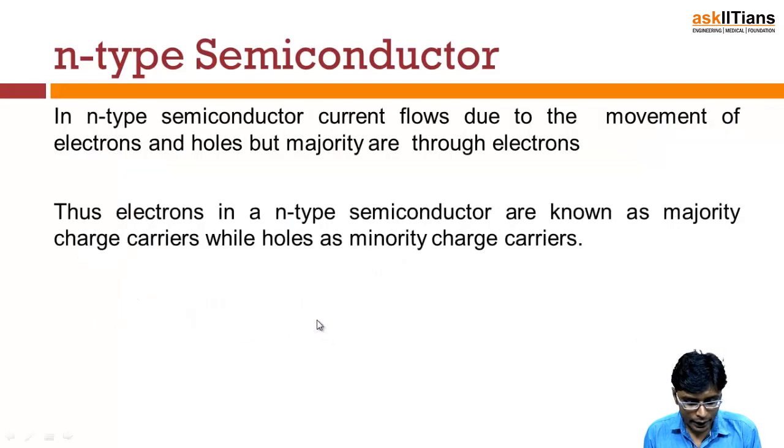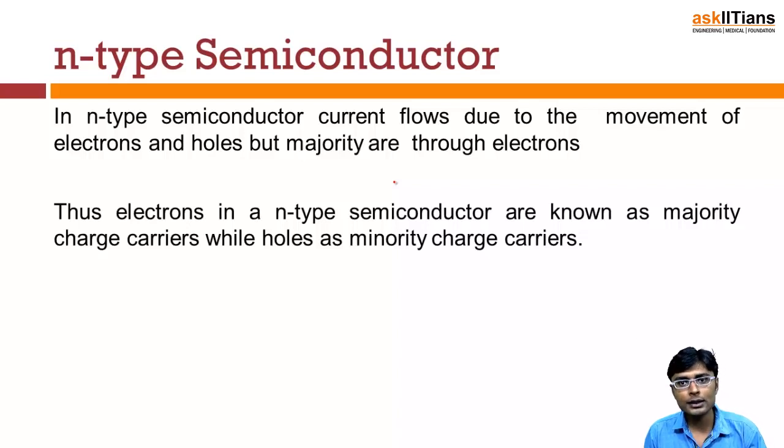In N-type semiconductors, current flows due to the movement of electrons and holes, but the majority is through electrons. Since we have added the pentavalent impurity, the number of electrons is more as compared to holes.